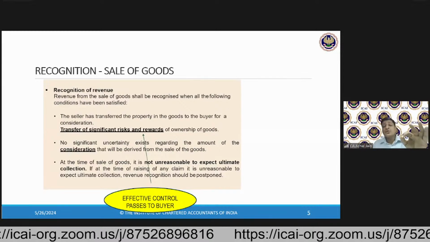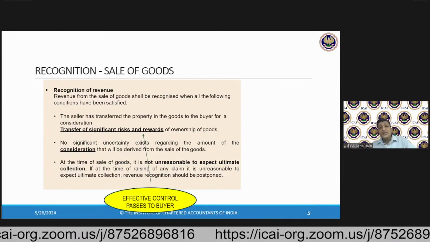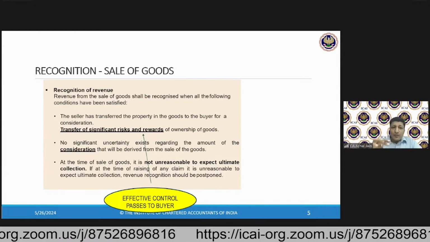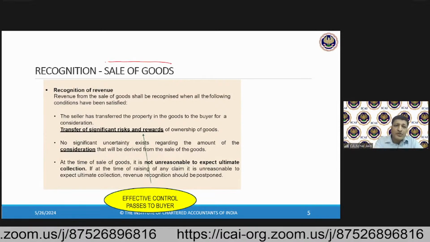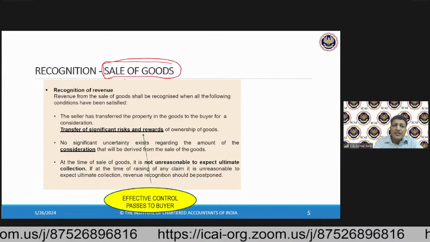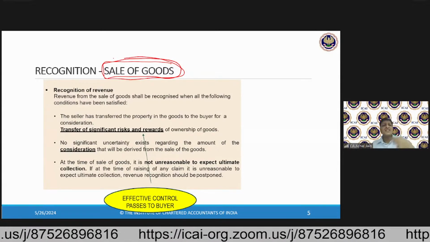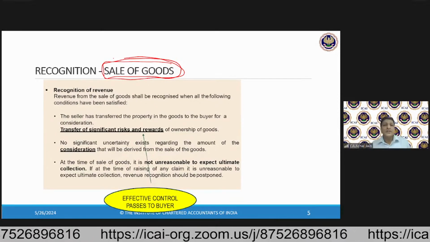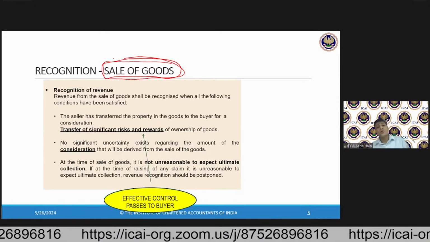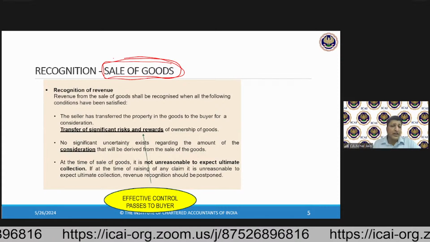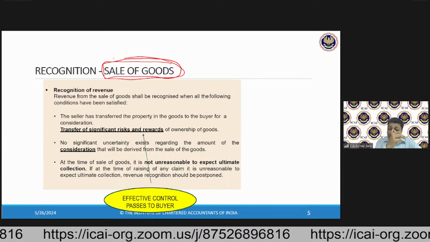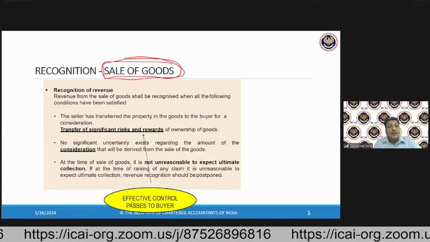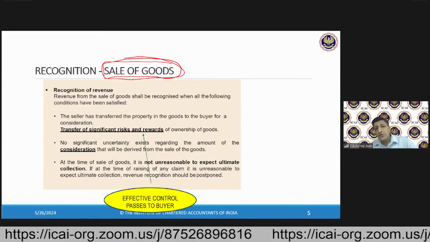And the revenue that we are going to discuss is currently limited to sale of goods. Means when the goods are sold, what is the criteria which the company needs to fulfill for revenue to be recorded? Only when this criteria is fulfilled can the revenue be recognized, otherwise not.